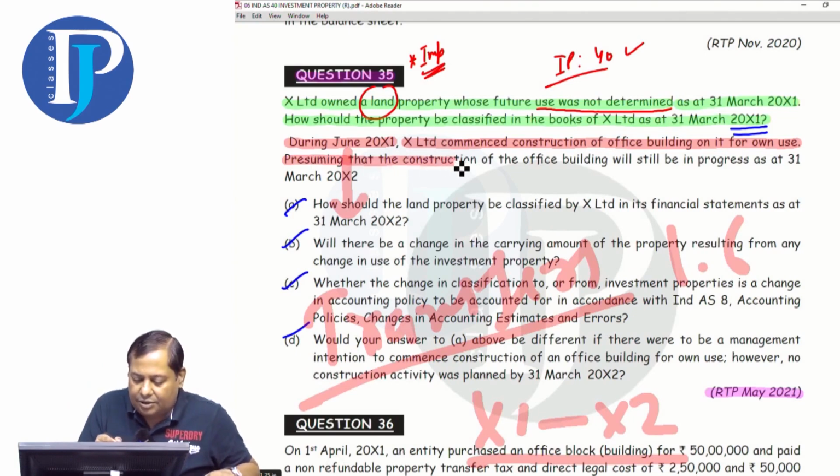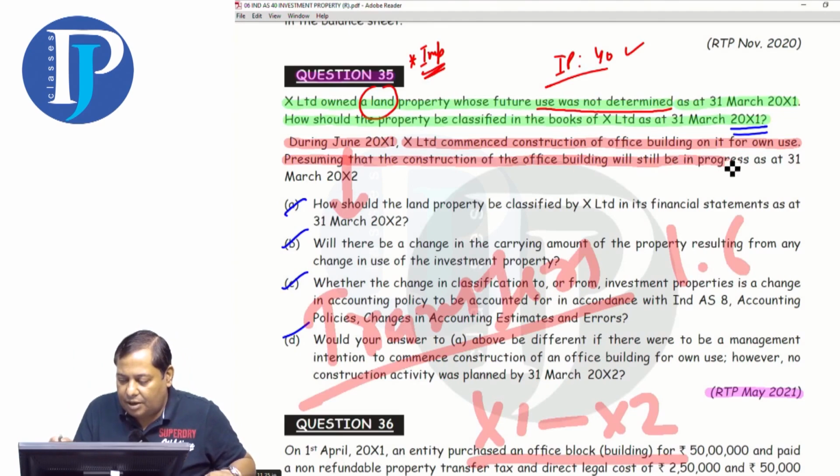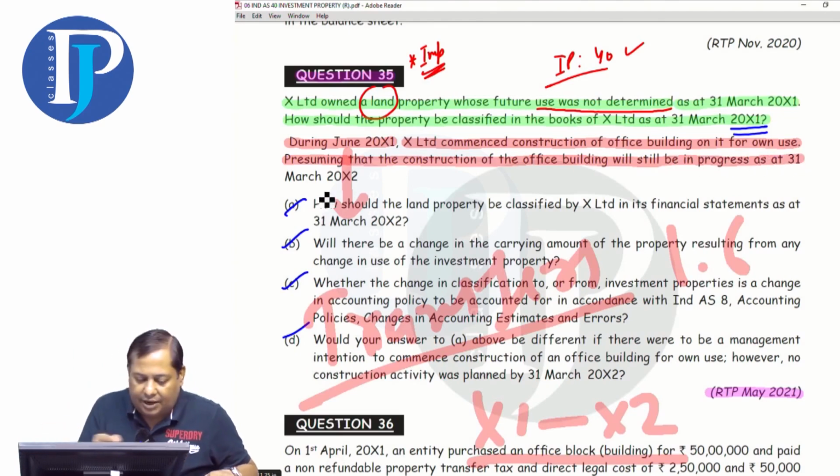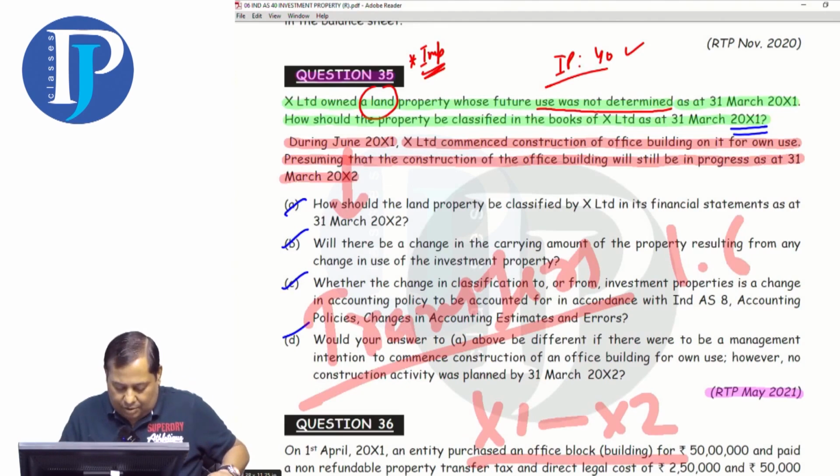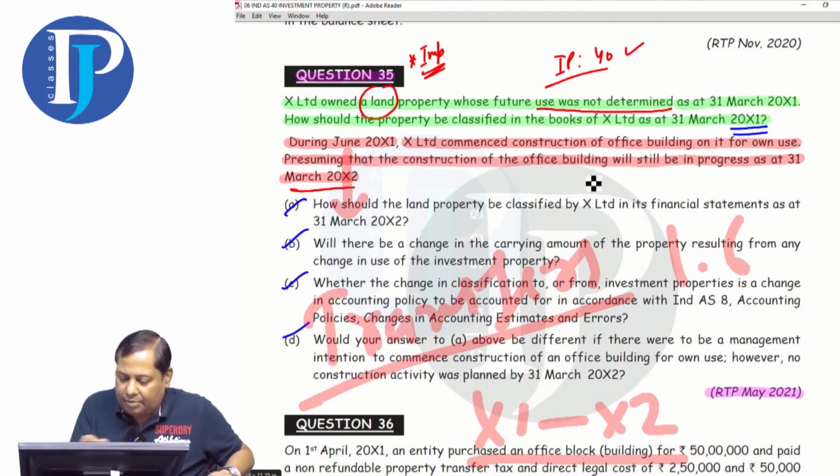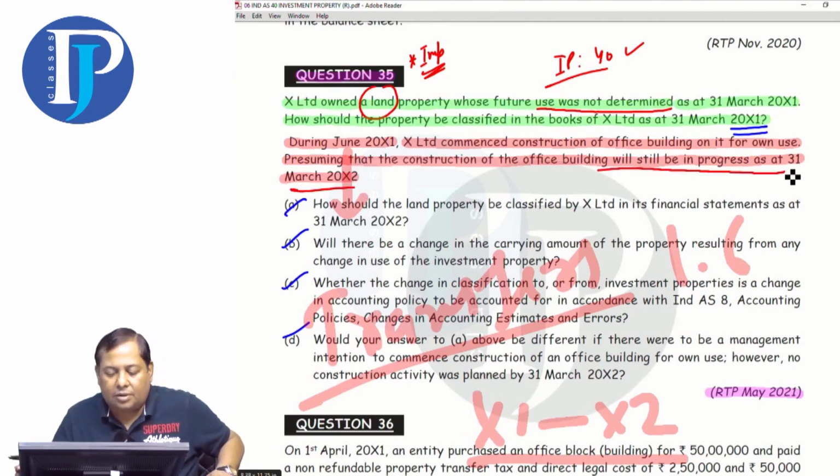Presuming that the construction of the new office building will continue to be still in progress as at March 31 X2. Now you have to show the next classification as of March X2 because it has to be reported as per the balance sheet date.